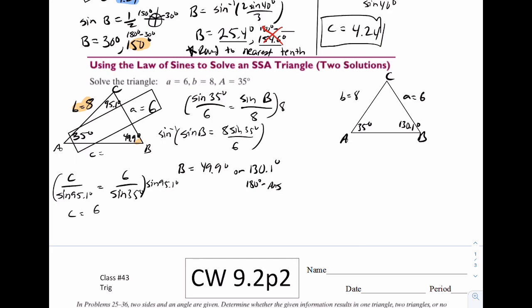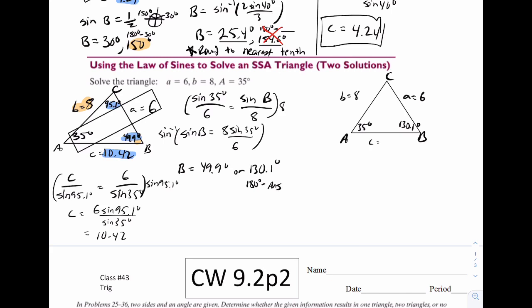So C must be 6 sine 95.1 all over sine 35, which is 10.42. So 10.42. Okay, so I'm just going to highlight those answers we found. 10.42, 49.9, 95.1.